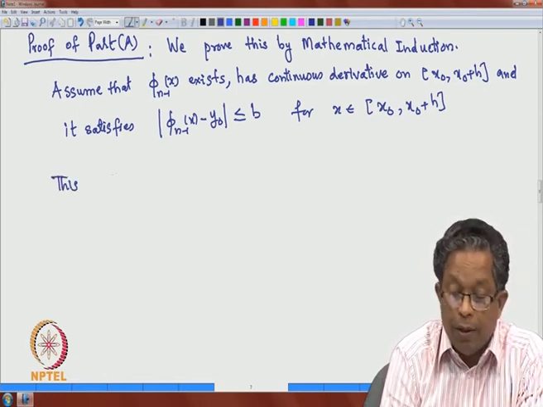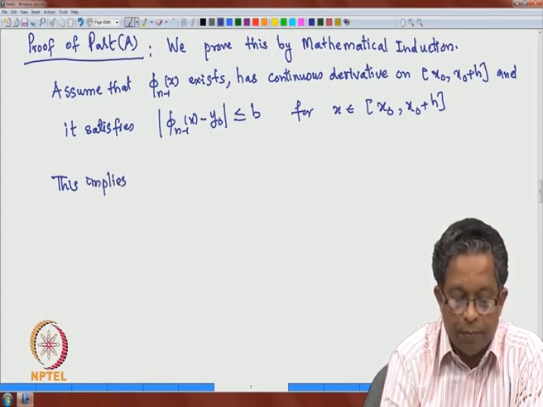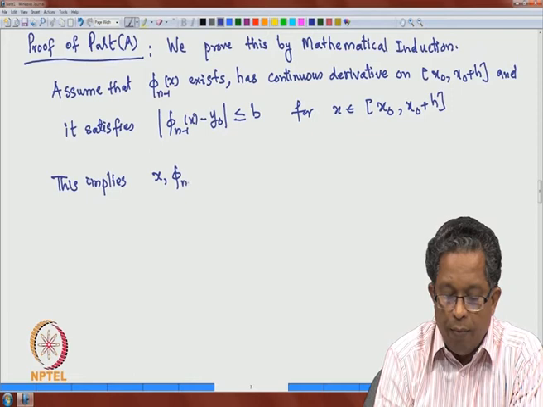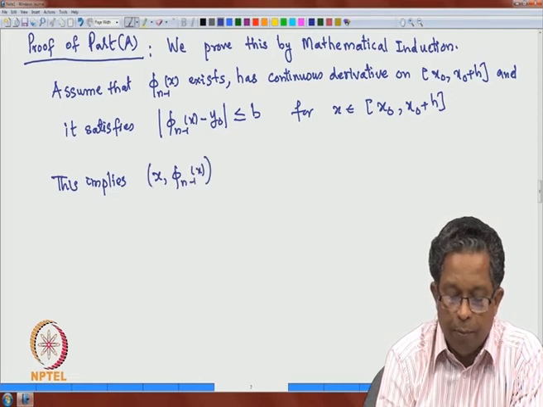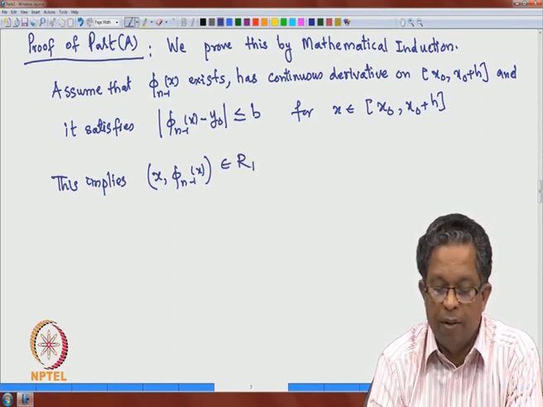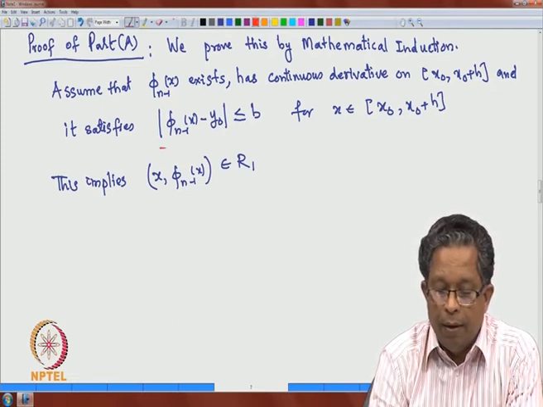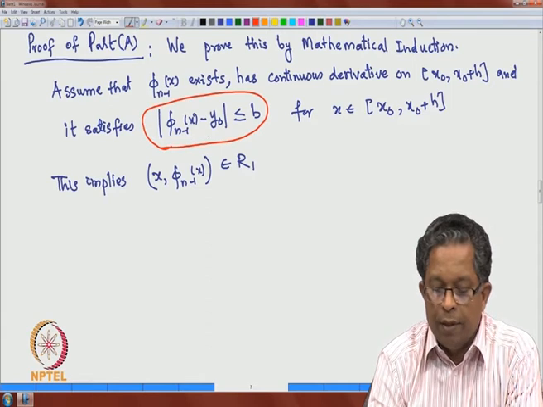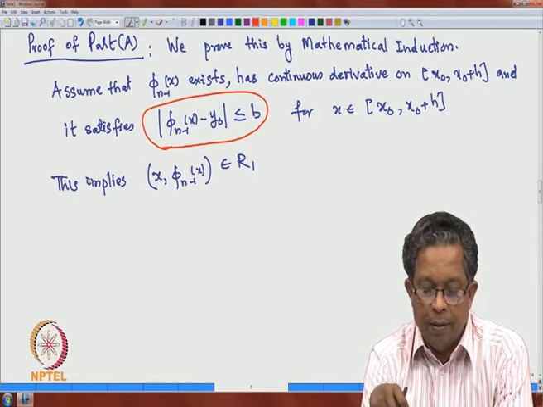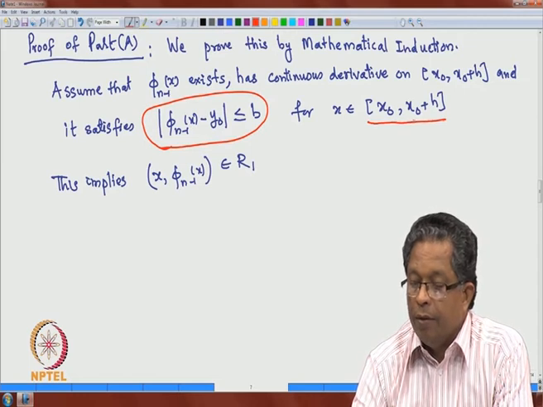So, the above conditions imply that the point x, phi n minus 1 x is in the rectangle R1, because you have this bound, phi n minus 1 x minus y0 is less than or equal to b, and x is in the interval x0 plus or minus h.